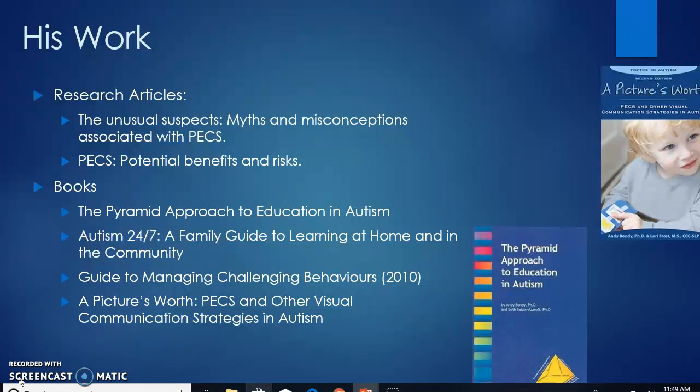Another problem he mentioned was that an individual could want something that a picture is not available for.